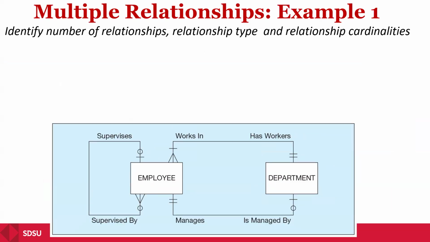All right, so let's look at this scenario and try to identify the number of relationships, relationship types, and relationship cardinalities. It's a lot of information here, so I'm going to pause for a little bit and let you review this diagram, and then we're going to discuss what is involved here.